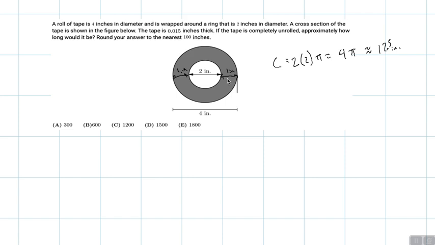But yeah, so each time we unroll, 0.015. So what we want to do is 1 divided by 0.015. I was thinking 0.015 times, so multiply this by 100, and that is 1.5. Yeah, if we just think like, what's 15?